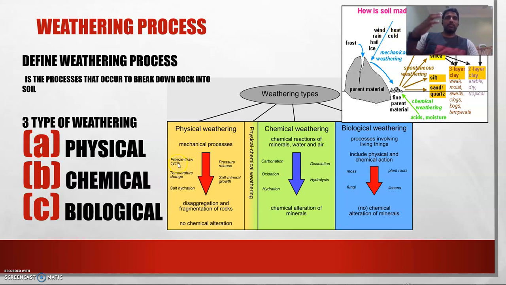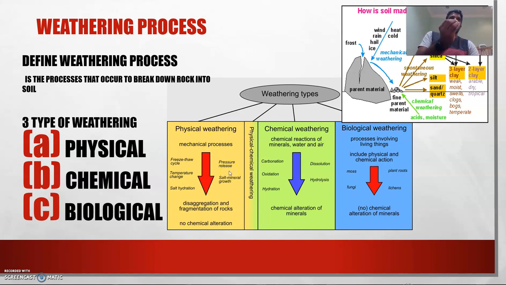It's the changing of freezing and defrosting: it becomes ice, becomes liquid, ice back, liquid, ice and liquid. Okay, that is physical weathering.